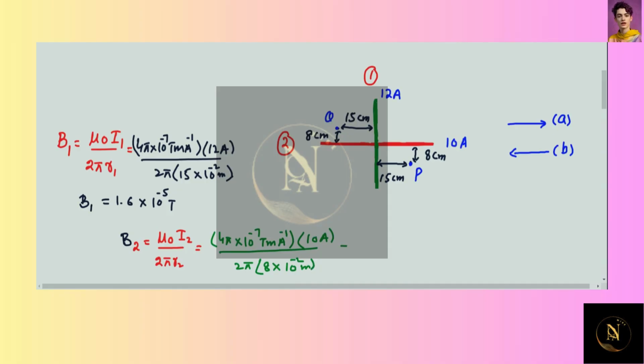This gives us B2 equal to 2.5 times 10 to the power minus 5 Tesla.